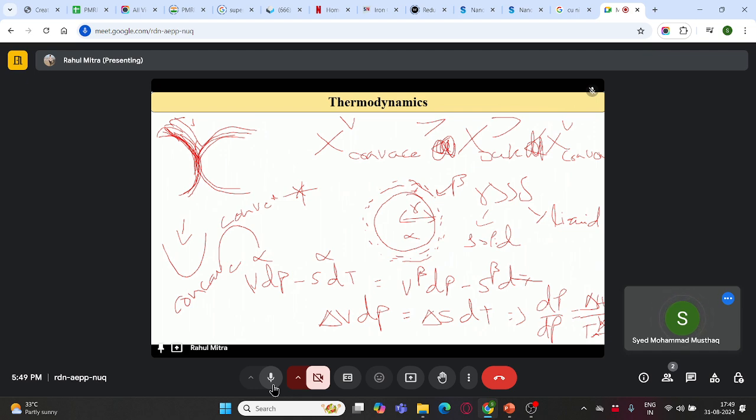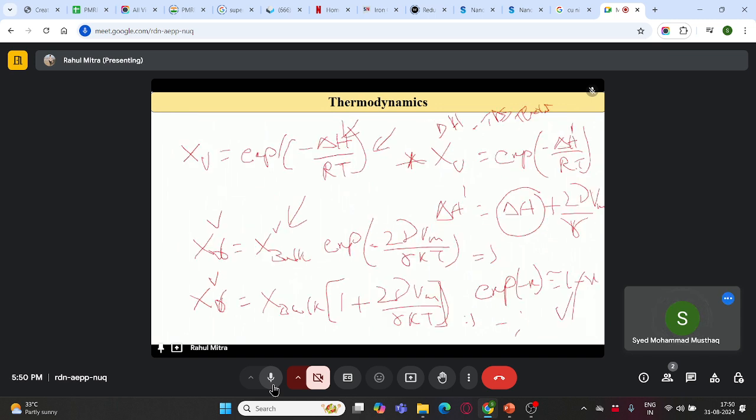From concave there is movement of vacancies, and from convex there is movement of atoms, because for substitutional diffusion we need the movement of atoms, right?